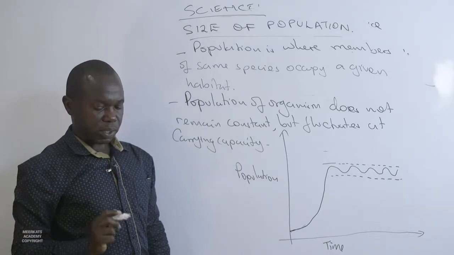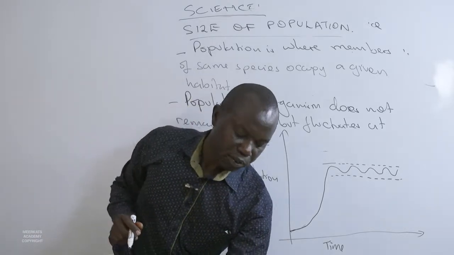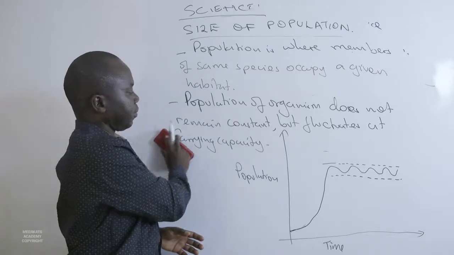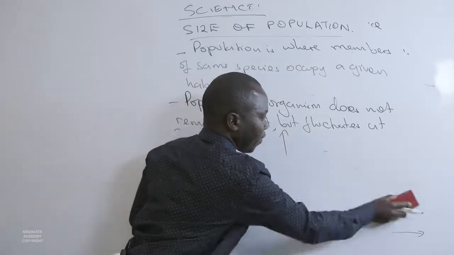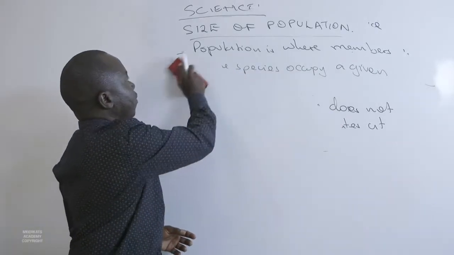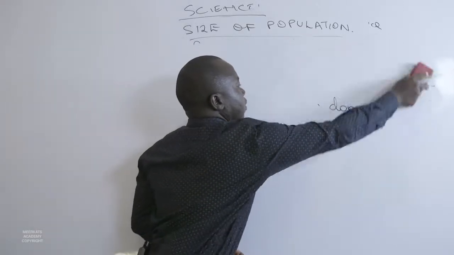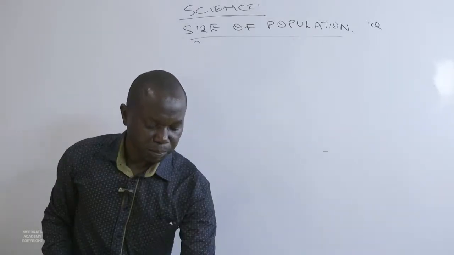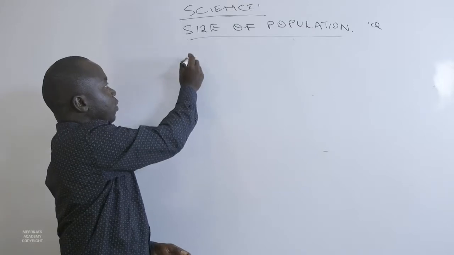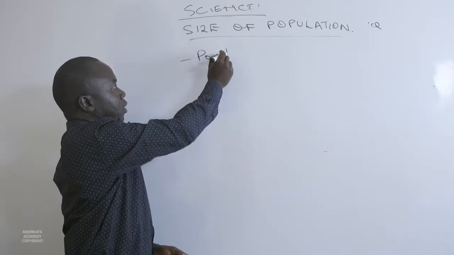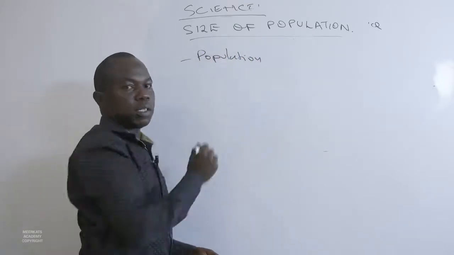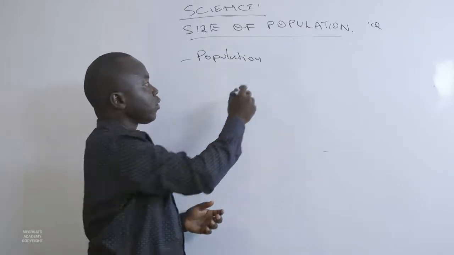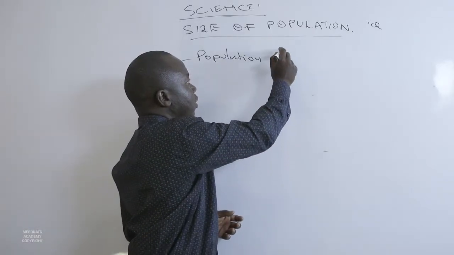So our question today: why do we have those fluctuations? Population usually fluctuates due to several factors.